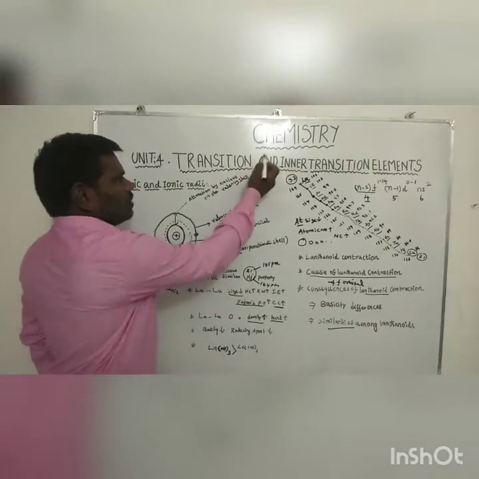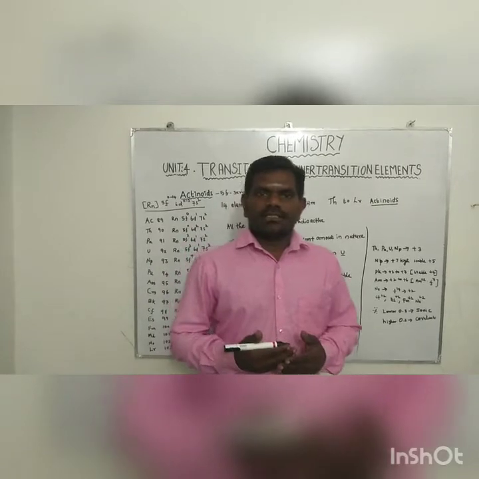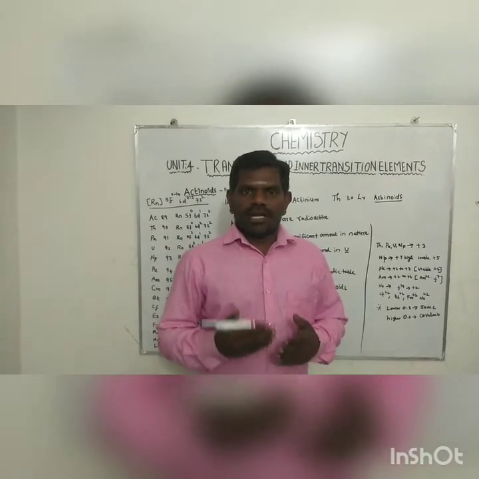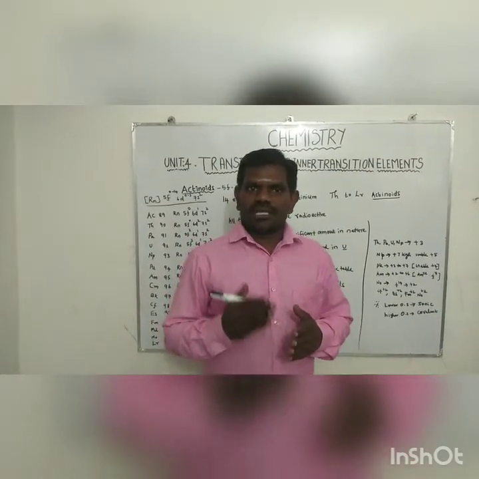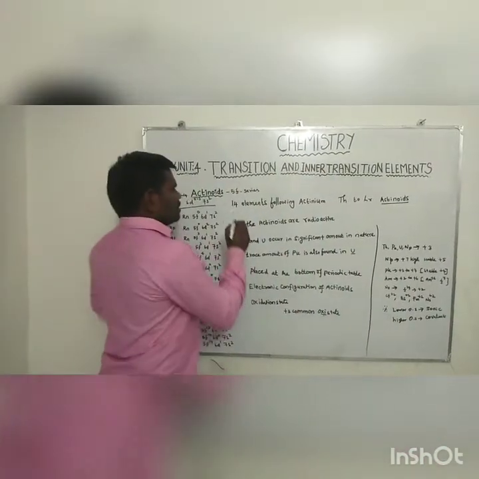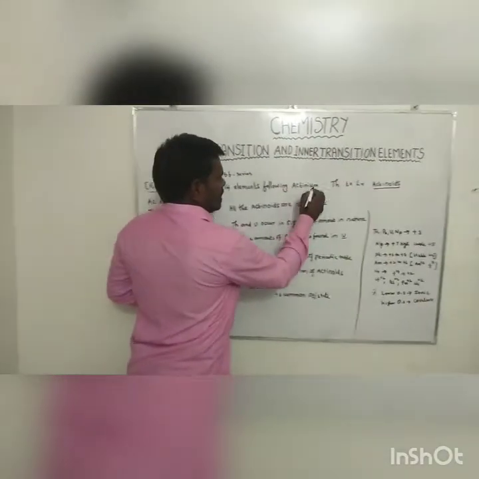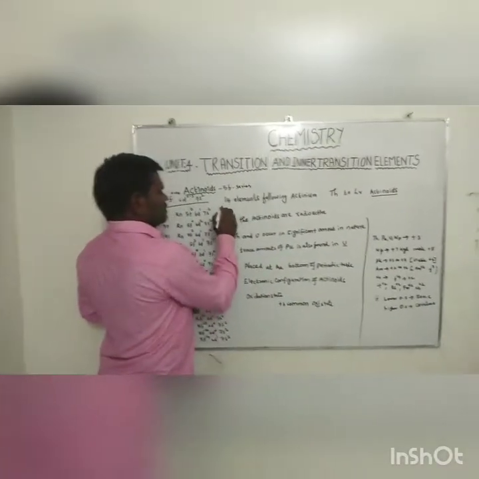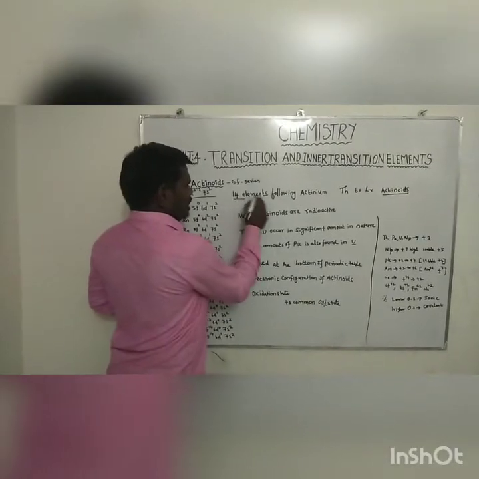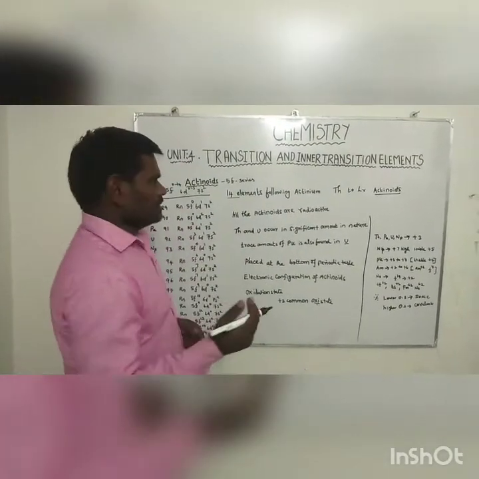The next topic is actinides. What are actinides? In the periodic table, 5f series elements are called actinides. The 14 elements following actinium are called actinides.